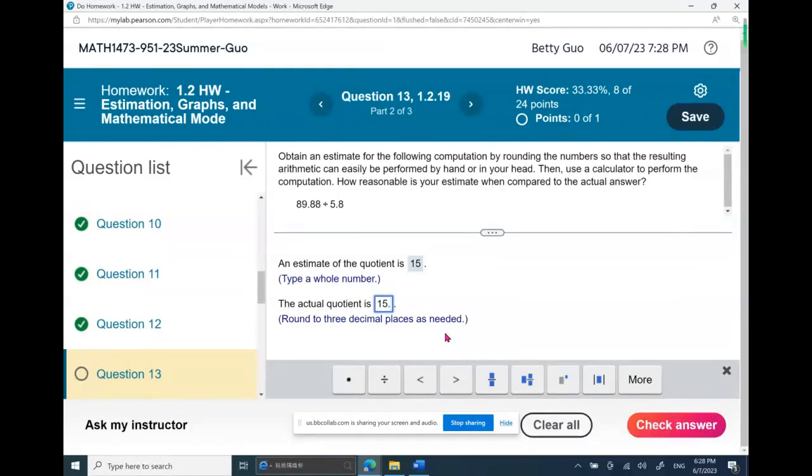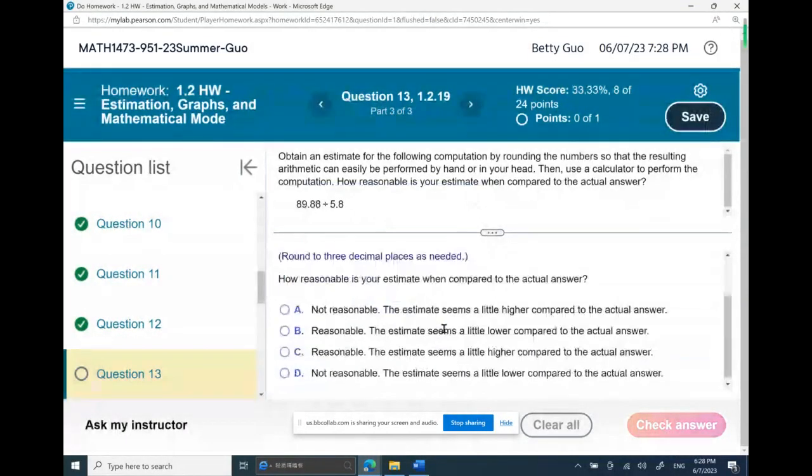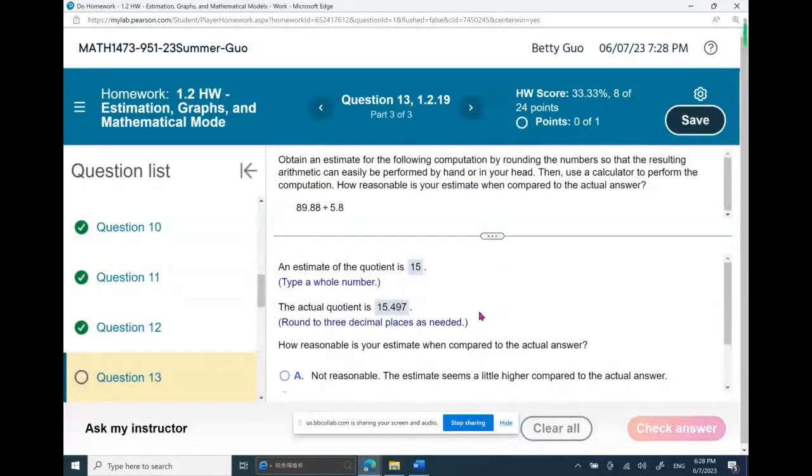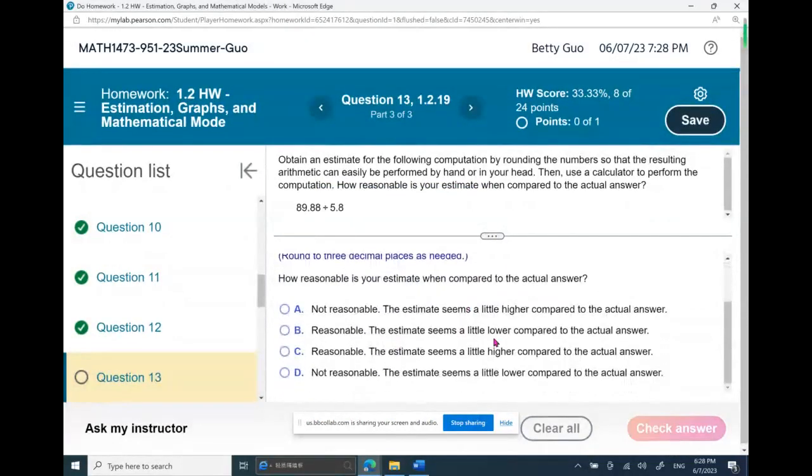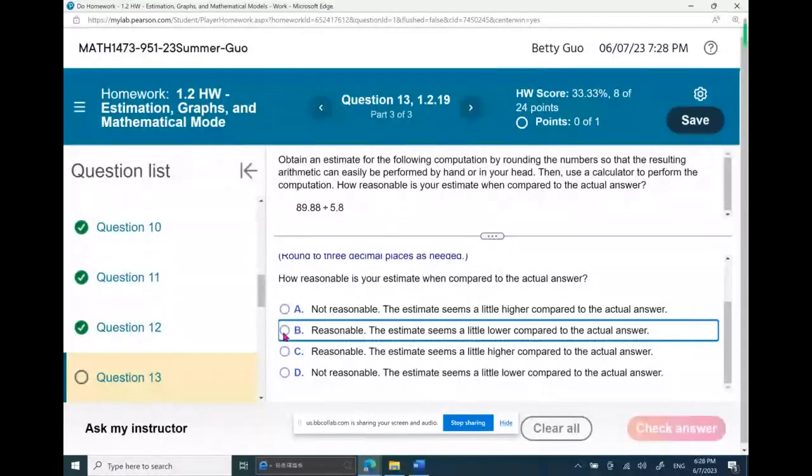We have 15 point, round it up or round it down? 496555172. That's what I have. Round it up, we have 497. Three decimal places. Our estimation is reasonable, but a little bit lower.